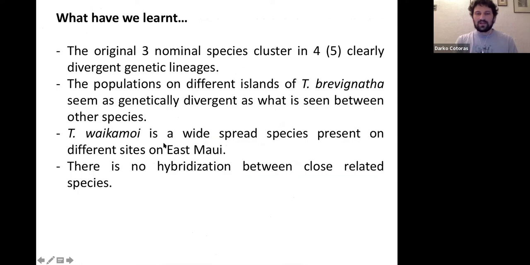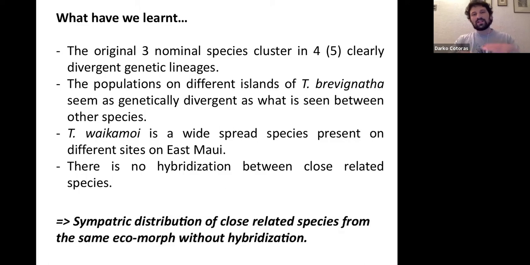Tetragnatha waikamoe is a widespread species present in different parts of East Maui or Haleakala, and more importantly, there's no hybridization between closely related species. So what this all means, if we have to summarize, is that we can detect sympatric distribution of closely related species, so species overlapping that are similar, that are genetically close, from the same ecomorph, with the same ecology, without hybridization.